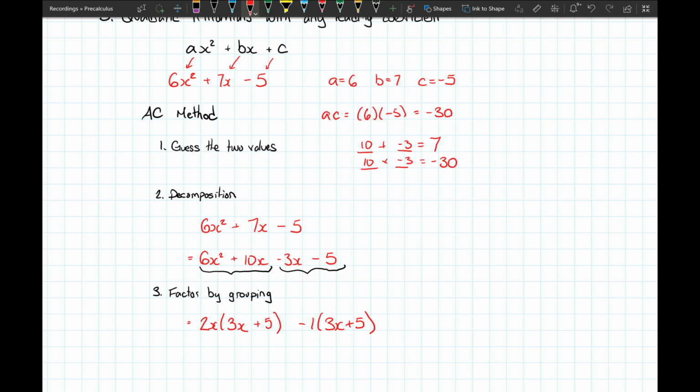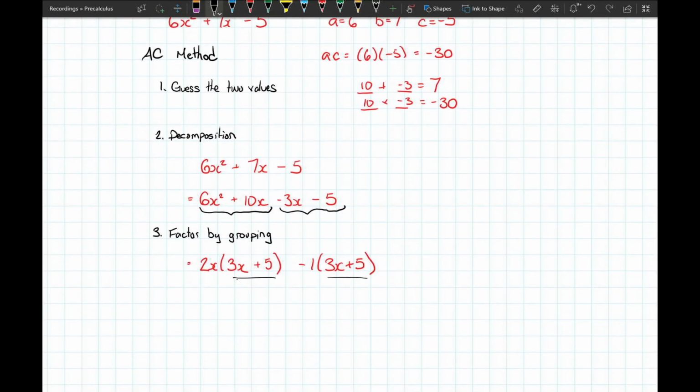Now, so far, because of our AC portion, where we looked for the 2 numbers that added to 7 and multiplied to -30, it's not just luck. Once you found those 2 numbers, you should end up with 2 common factors again, 3x plus 5.